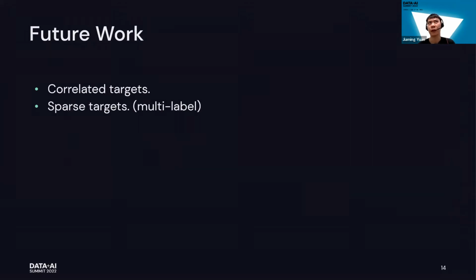One of the things that we want to do in the future is handling correlated targets. Right now for multi-target models, if you have multiple targets, XGBoost assumes them to be independent, which might not be desired.